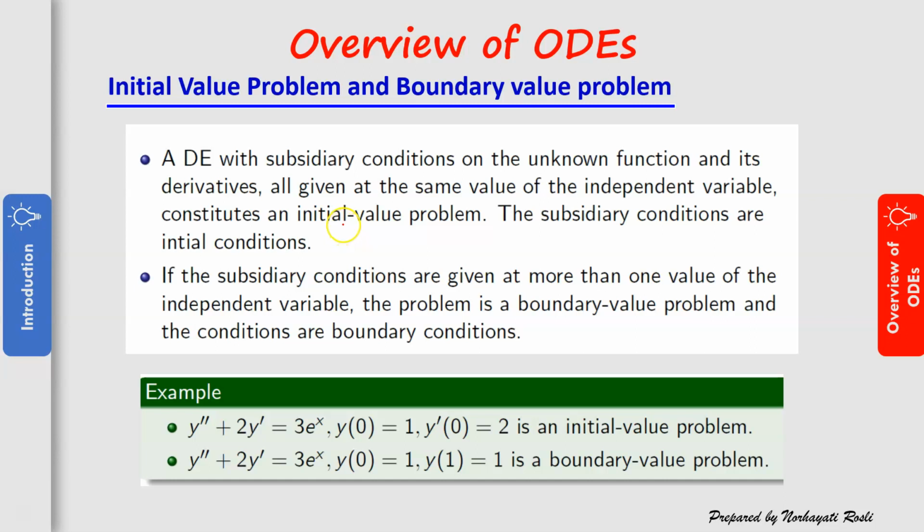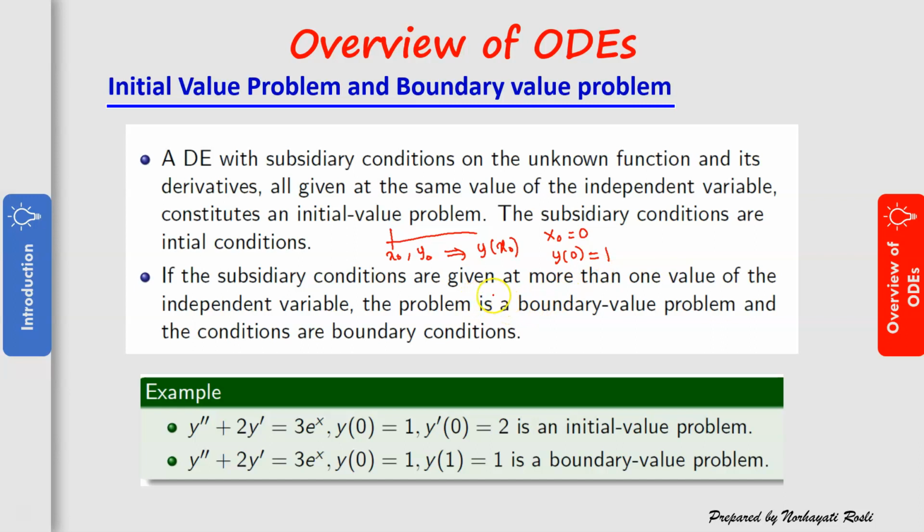It means that if you have a differential equation with an initial value, when we plot here at x naught, you know your y naught. For example, our x naught equal to 0, so y at x equal to 0, let's say, is equal to 1. When this information is given at the initial point, we call it an initial value problem.